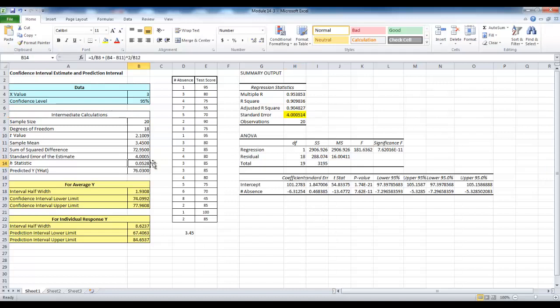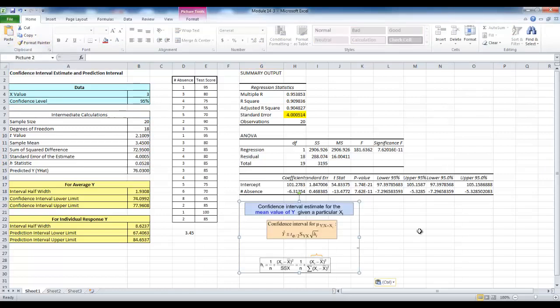And the h statistic. In order to find the h statistic, I'd like to share the formula again, the formula from the book. Let me paste it right here. This is the formula we're going to use.